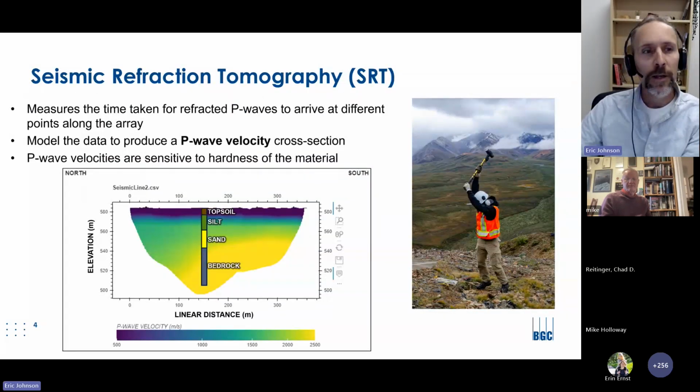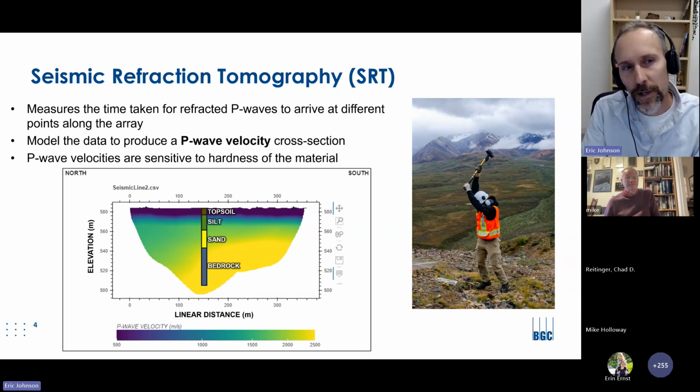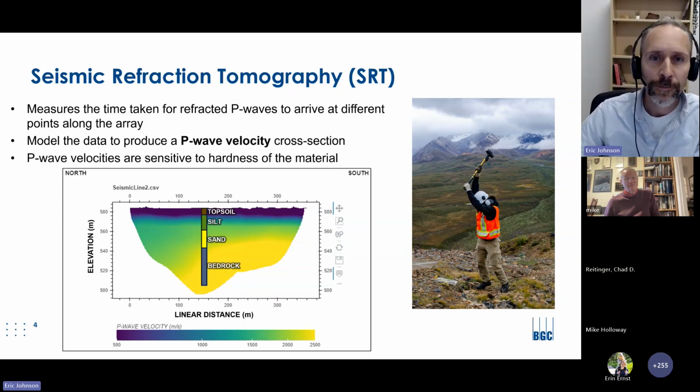So going back to the seismic example, you can see us using a sledgehammer to generate seismic waves in the ground. We continue this survey along a linear array, and the results are a cross-section of seismic P-wave velocities, which are influenced by factors like the hardness of a material. In this section, the yellow colors are where seismic P-wave velocities are fastest, which coincides with a borehole log that logged bedrock at that depth.